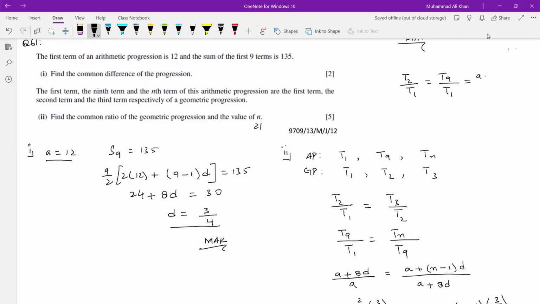A plus 8D divided by A. And what is A? 12 plus 8 times D, how much is that? 3/4 divided by 12. So 4 2s are 8, 2 3s are 6, 18 divided by 12, and the common ratio will be 3/2. Are you clear?